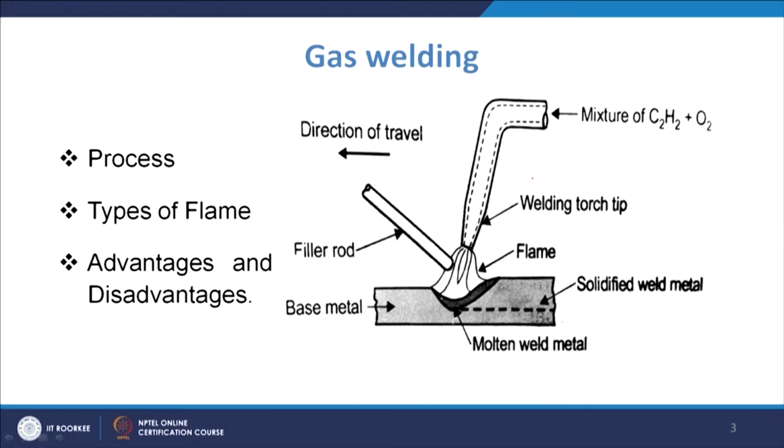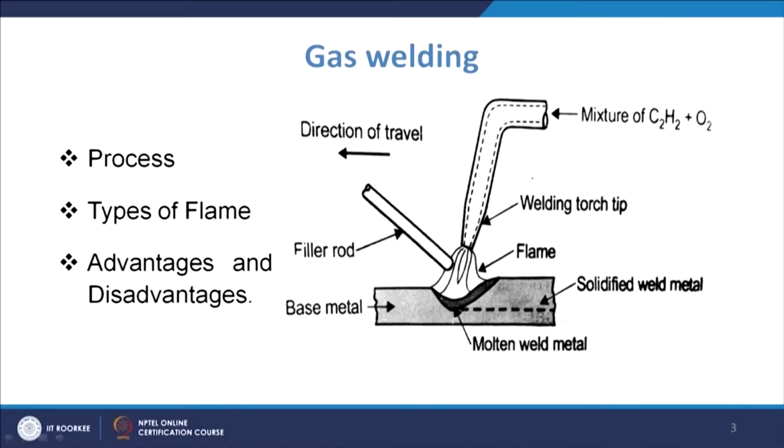Normally hydrocarbon gases are used, and normally you use a mixture of C2H2 and O2, acetylene and oxygen gas. Once you use acetylene and oxygen gas, it is known as oxyacetylene welding. Oxy-fuel welding is the normal generic name, because you are using fuel and oxygen to burn it.